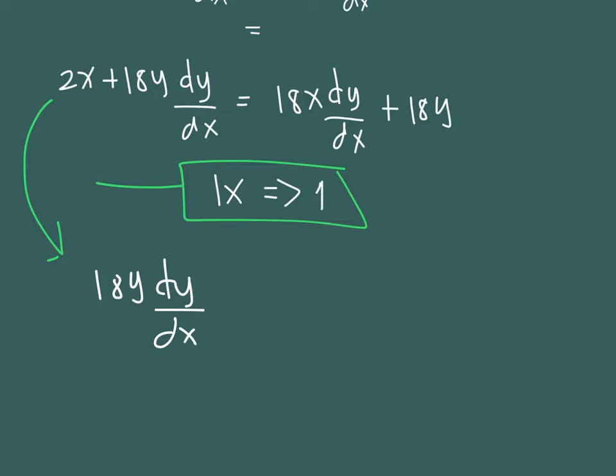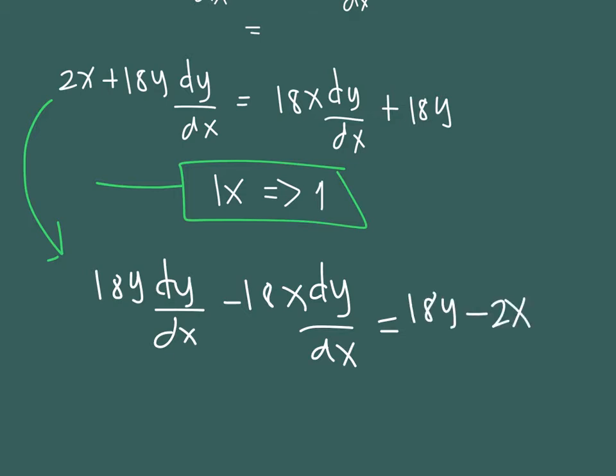If I have to isolate dy over dx, well, 2x will go to the other side, but to the left side, what will be added or subtracted? Minus 18x dy over dx equals 18y minus 2x.